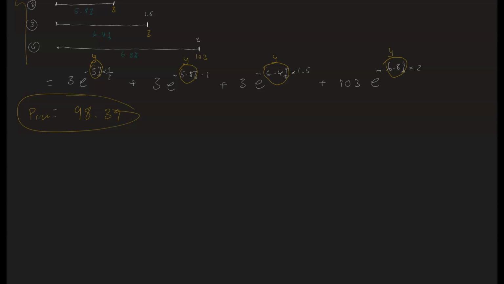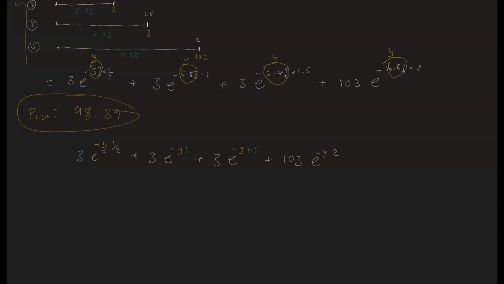In that case, we're going to have 3 exponential of minus y, the yield to maturity, multiplied by 1/2, plus 3 exponential of minus y multiplied this time by 1, plus 3 exponential of minus y multiplied by 1.5, plus 103 exponential of minus y multiplied by 2.